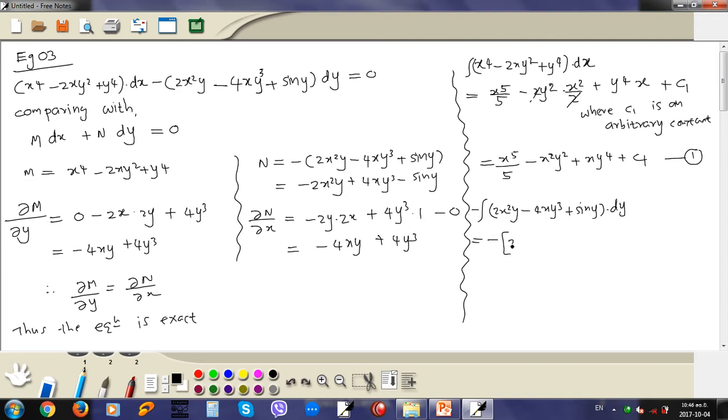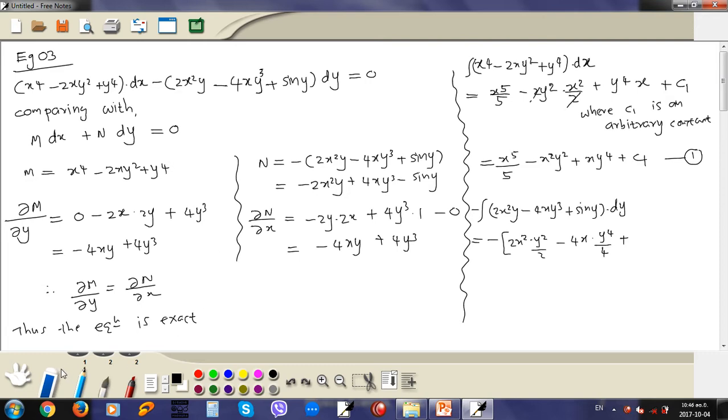Then 2x² times y²/2, we can integrate this, minus 4x times y^4/4, here y³ is there, plus if you integrate sin y, that is minus cos y.